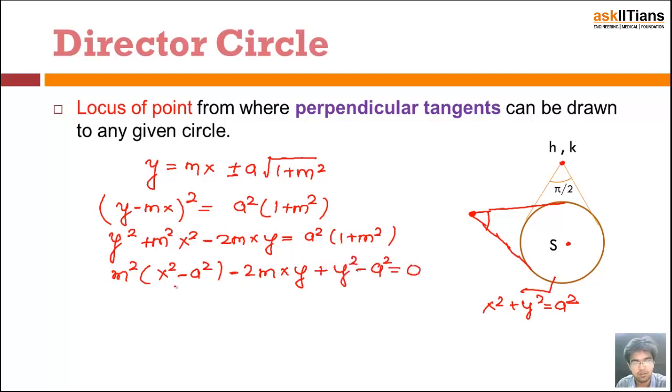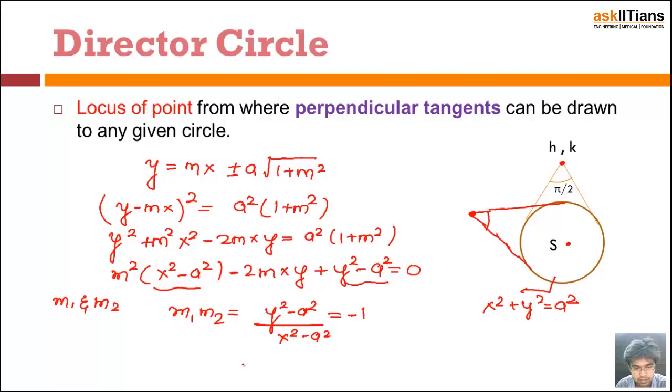Now you can see that this is a quadratic in m. It has two roots m1 and m2. Product of the roots m1 m2 is c by a. So this is c, y square minus a square, this is a, x square minus a square, and the ratio is equal to minus 1.